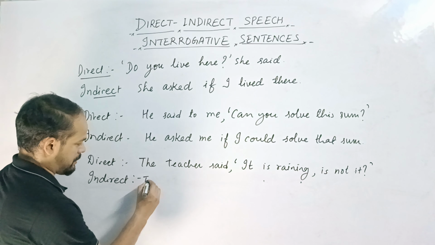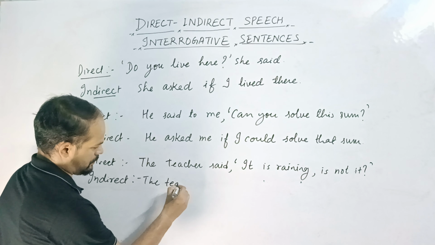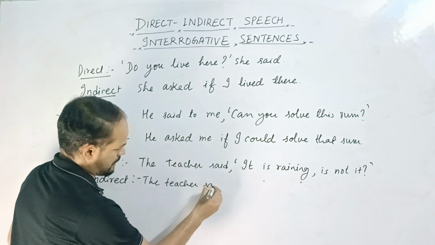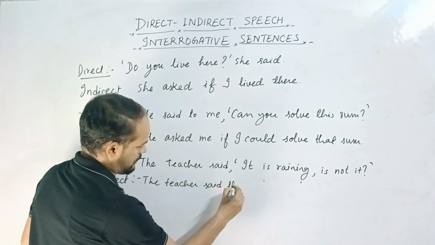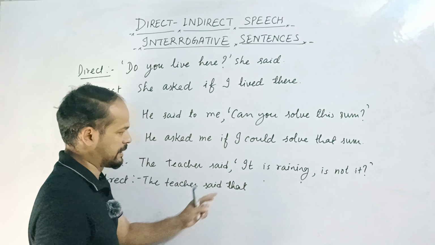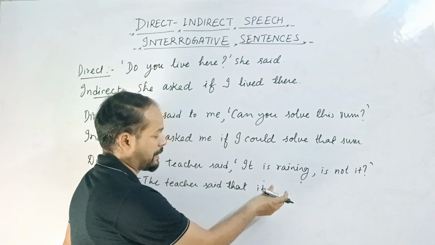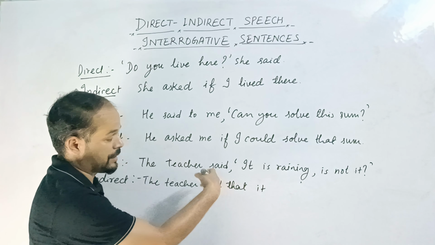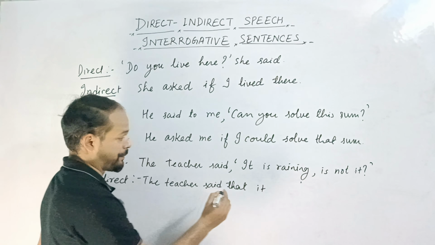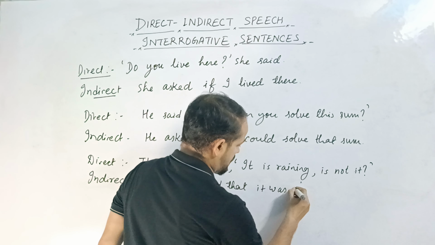The teacher said that, since it's a statement, that it was, and change of tense will be there. It is a present continuous tense, it will be changed into past continuous tense. It was raining.